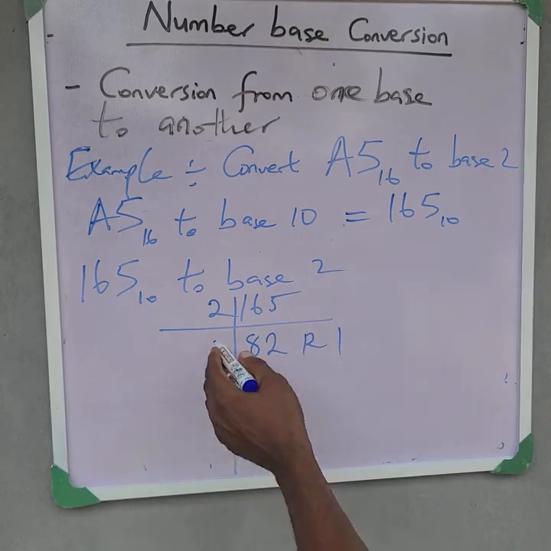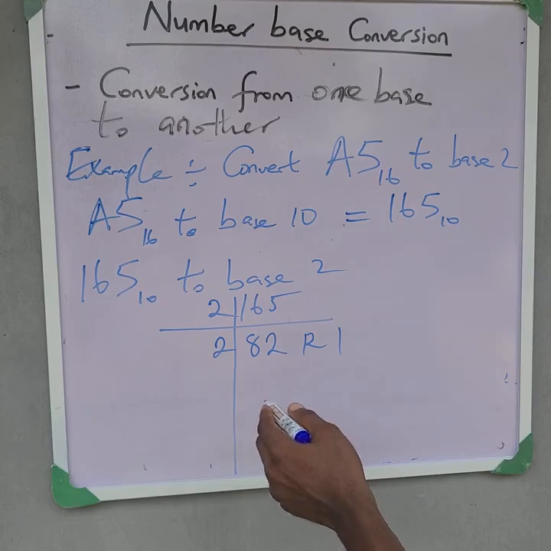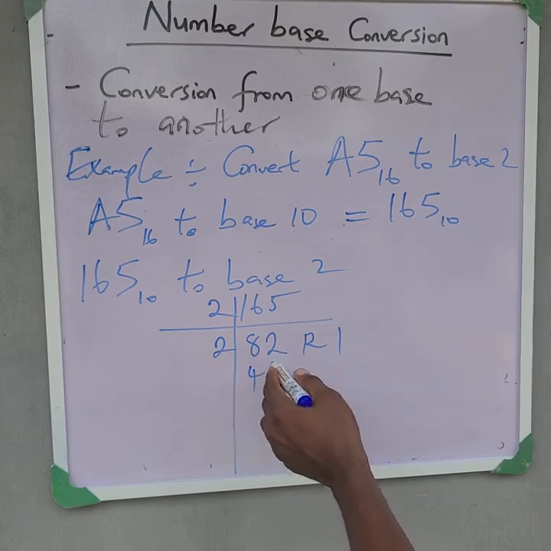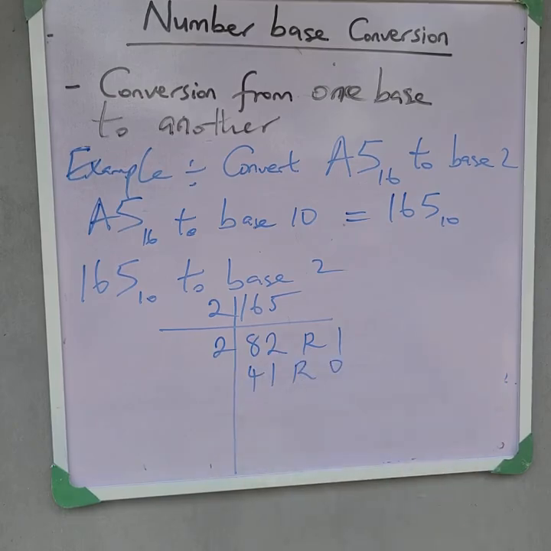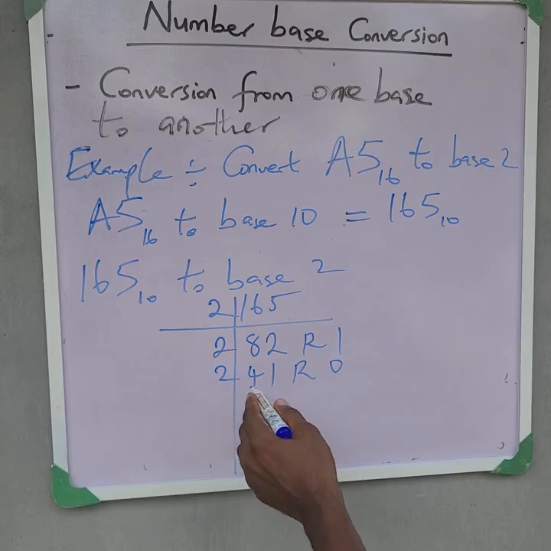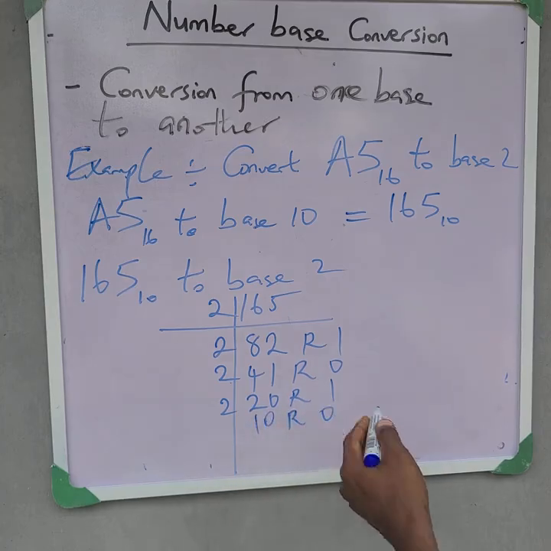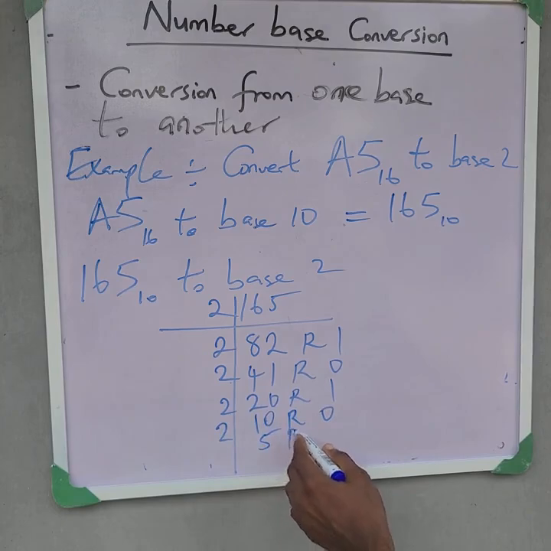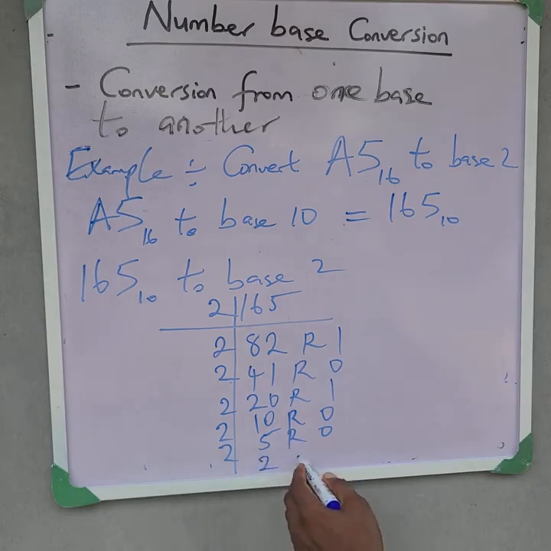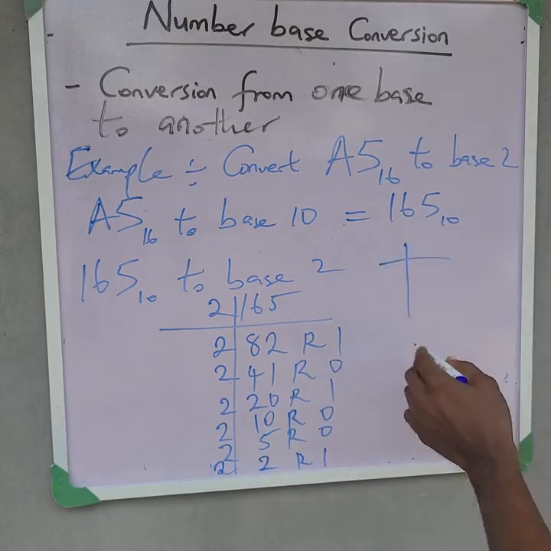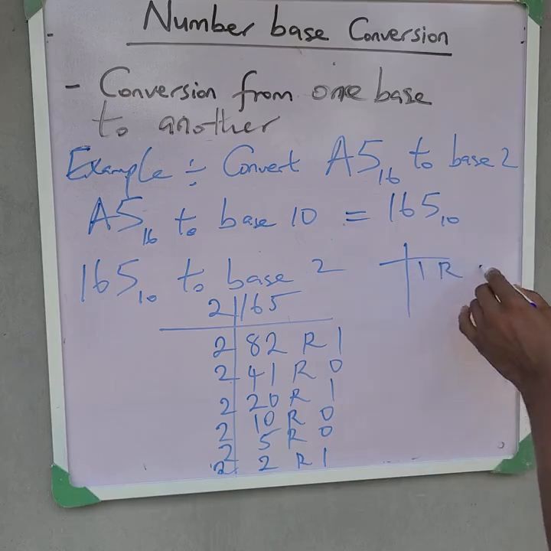All right, you divide again by 2. 2 into 8 is 4. 2 into 2 is 1, remainder 0. You divide again, 2 into 4 is 2. 2 into 1 is 0, remainder 1. You divide again, 2 into 20 is 10, remainder 0. 2 into 10 is 5, remainder 0. 2 into 5 is 2, remainder 1. 2 into 2 is 1, remainder 0.